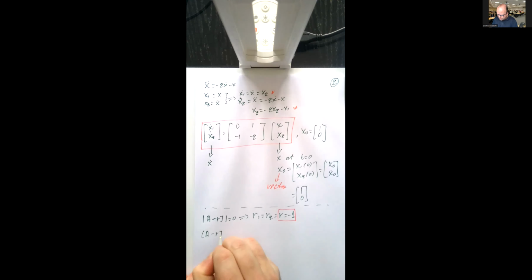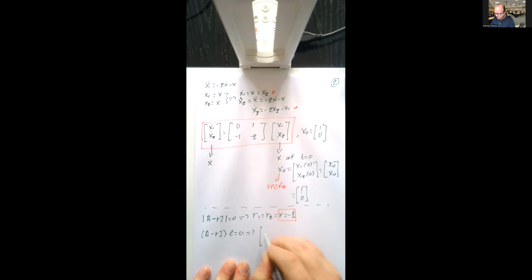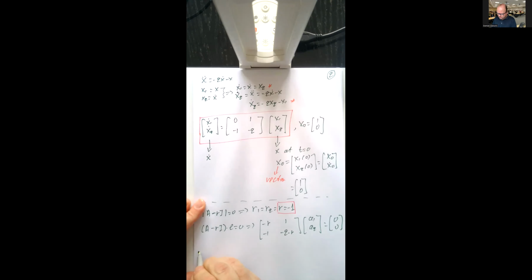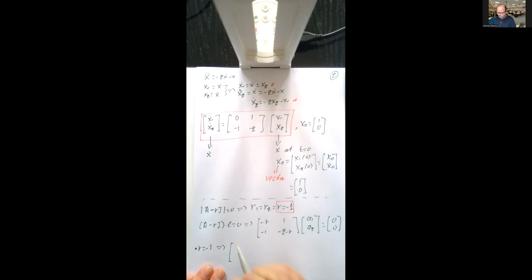A minus R_i times E equals 0. This is now my A. So this expression here is minus R1, minus 1, minus 2, minus R, times A1, A2 equals 0 and 0. Go and place here the value of -1, and I will have minus of -1, so 1, 1, -1, here -1 of -1, -1.